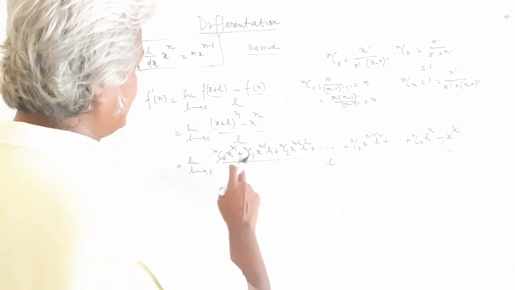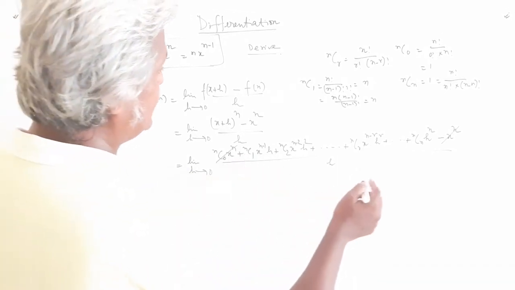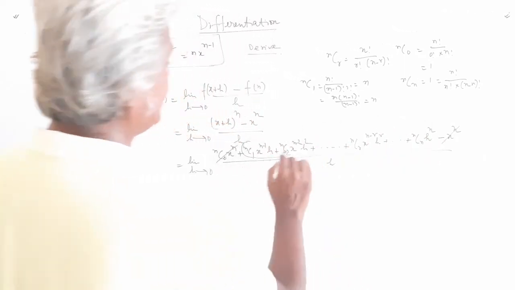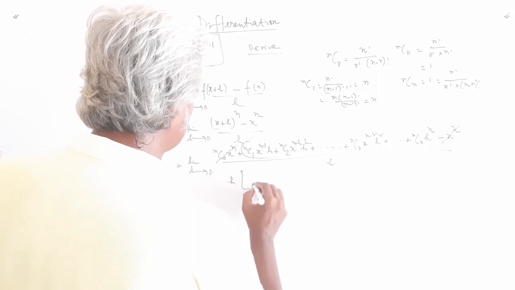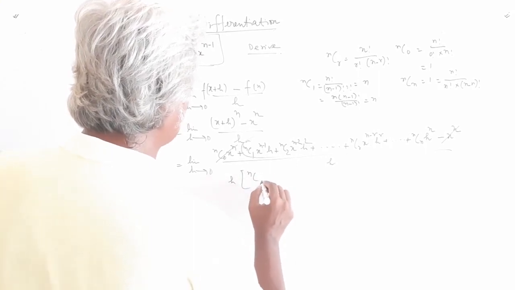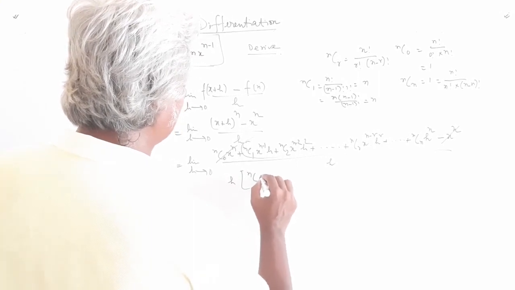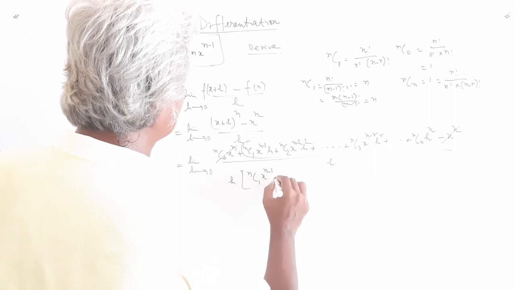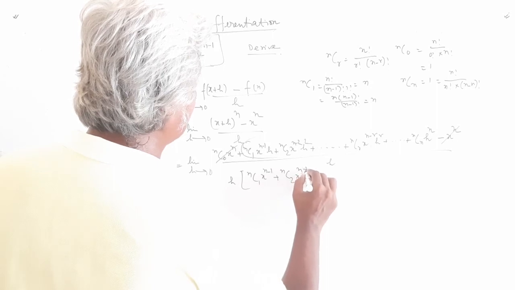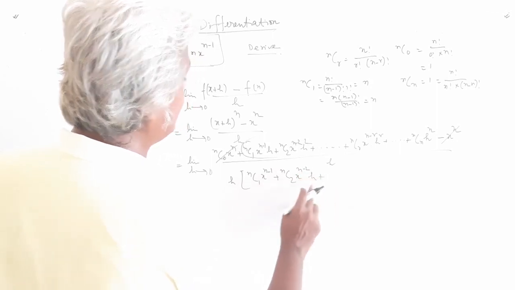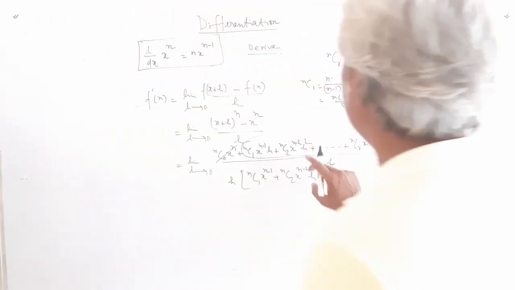Now here you see what you are left with, every term from here to here necessarily contains one h. So I take that h common, then I'll find nC1 x to the power n minus 1 plus nC2 x to the power n minus 2, one less h, because 1 h I have already taken common.